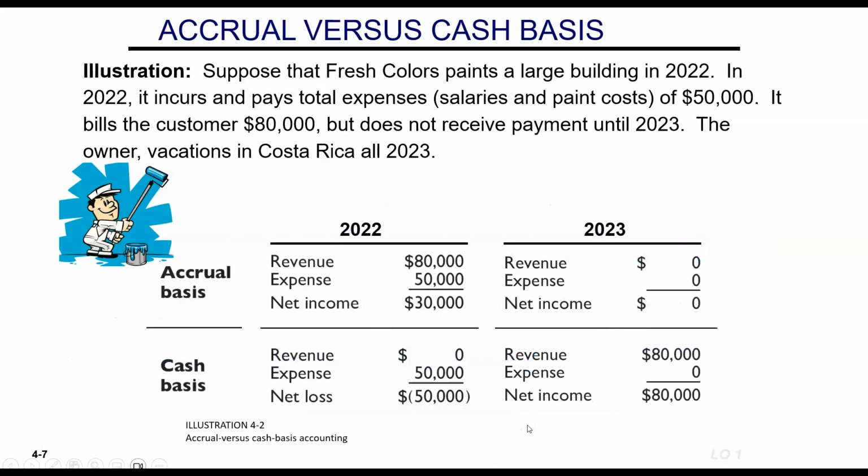So if we use accrual accounting, we'll recognize our revenues in 2022 when we actually did the work, our expenses in 2022 when we use them to do the work, so we can see, okay, yeah, we did make a profit on this job.